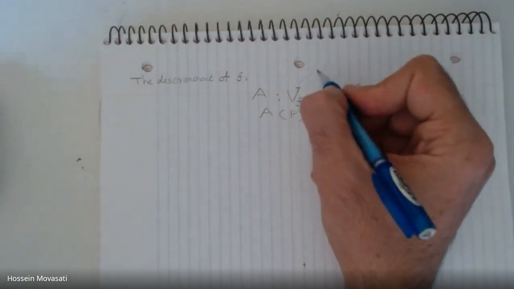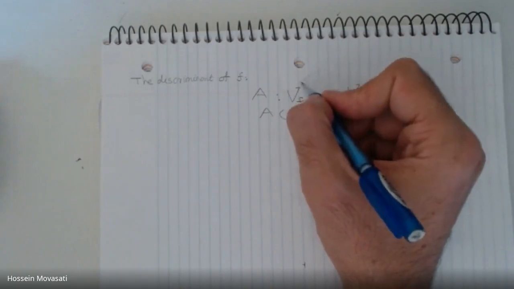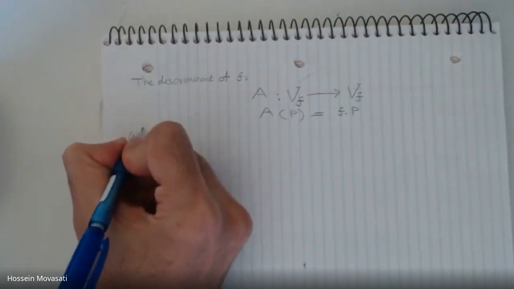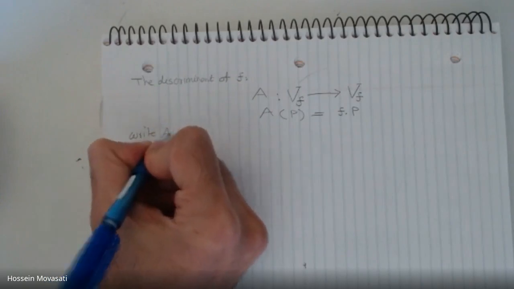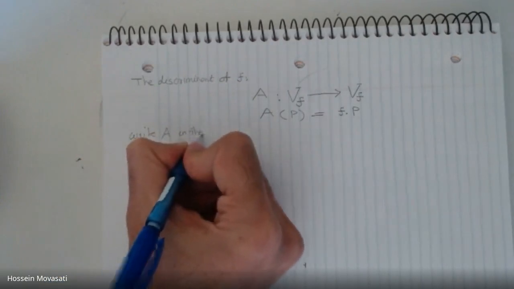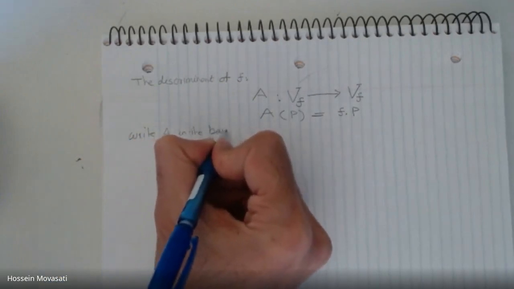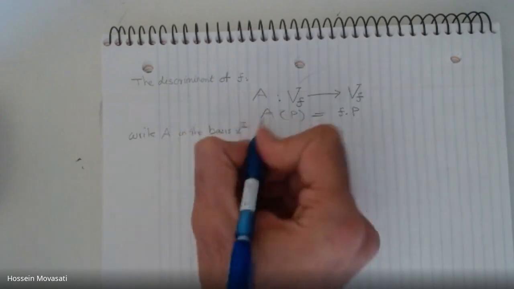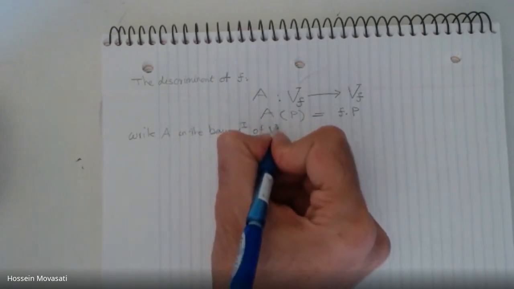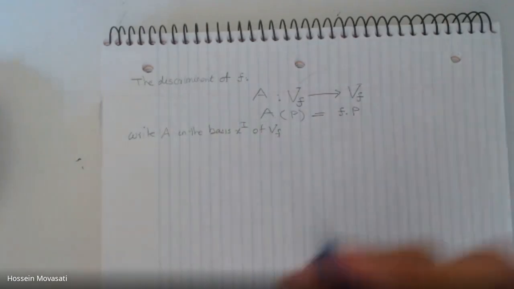This is a finitely generated free R module, and in particular I write A in the basis x to the I of Vf. So A will be a matrix at the end.